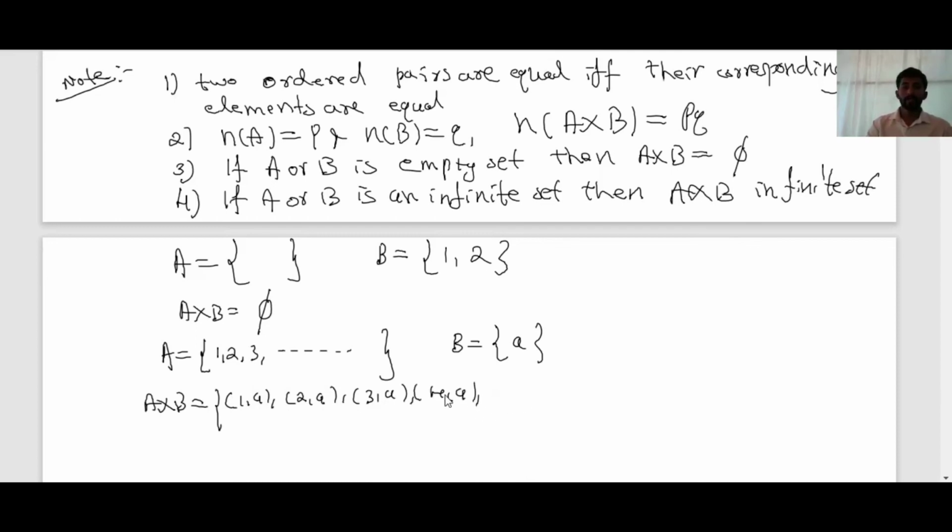How many elements are there? Here infinity elements, infinitely many times you need to combine with the a. Okay, we can't write it on board, right? So I am simply putting dash dash dash. Dash dash dash means infinitely many ordered pairs are there, right? That is about fourth note. Okay, if A or B is an infinite set, then you can observe, right? Cartesian product also an infinite set.